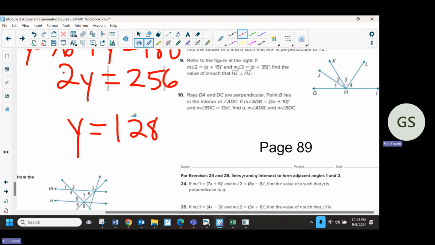Now I need to find x, and I have a couple different ways. If I know they're supplementary, x would just be 180 subtract 128.